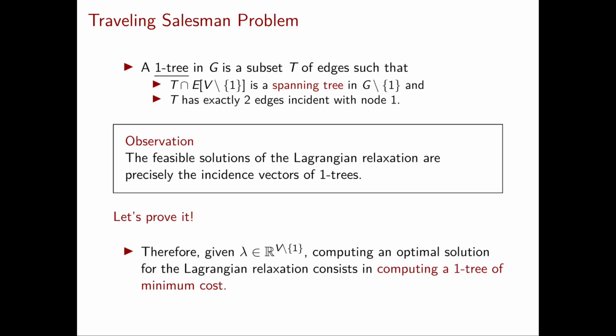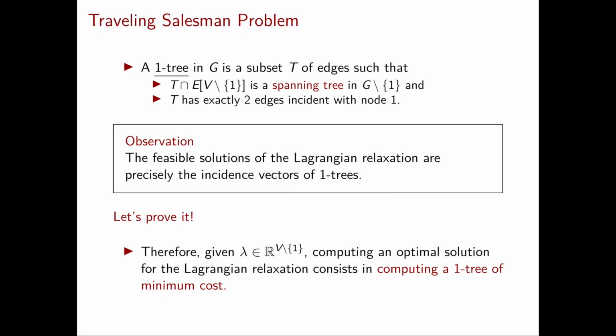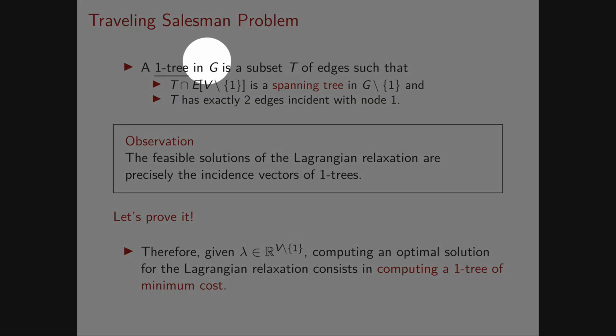Now, the set of feasible solutions to this Lagrangian relaxation is an interesting combinatorial object. In fact, in this observation, we're going to show that the feasible solutions of the Lagrangian relaxation are precisely the incidence vectors of 1-trees. What are 1-trees? Let's see their definition. A 1-tree in our graph is a subset of edges T such that, first, the edges in T that do not touch node 1 form a spanning tree in the graph obtained from G by removing node 1.